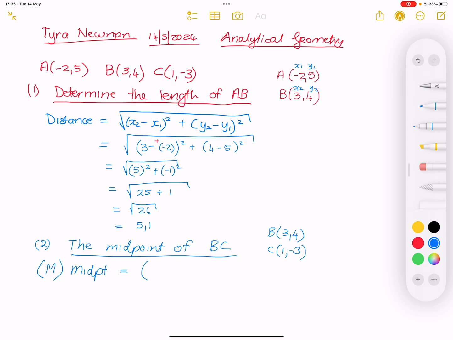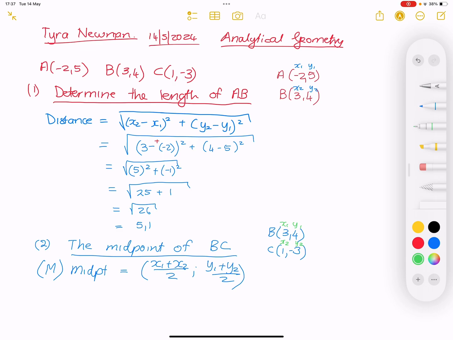Midpoint formula is (x1 plus x2) divided by 2, (y1 plus y2) divided by 2. So now we call this one x1, y1, and we call this x2, y2.